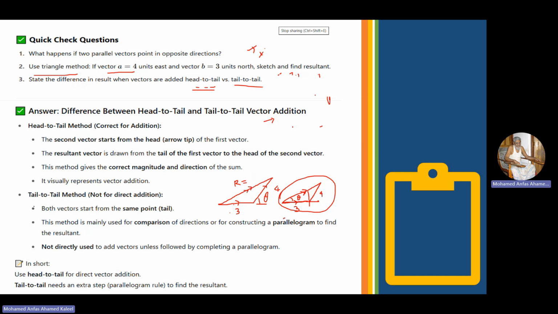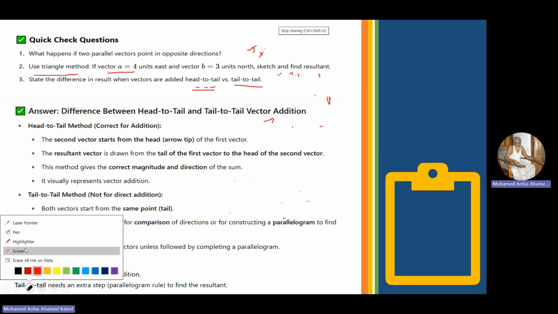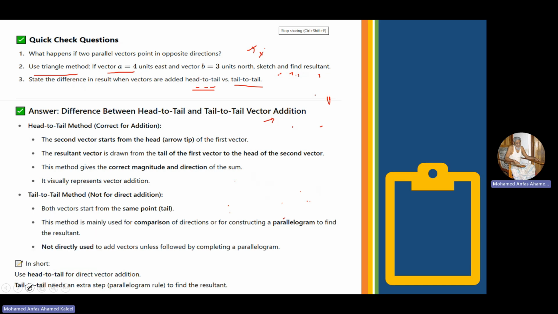What about the tail to tail method? As I showed you earlier, these two vectors are connected tail to tail. Let's say vector AB and vector AC, both starting from A, so both tails are connected.